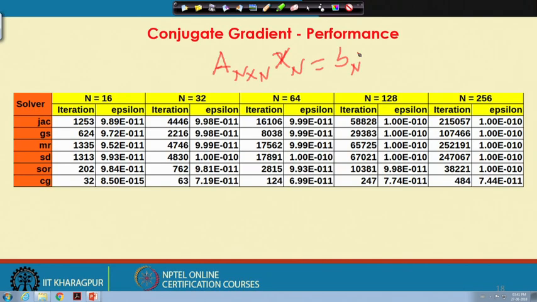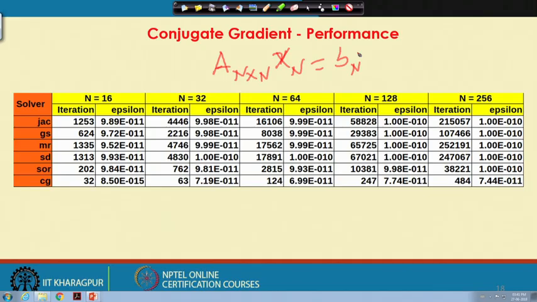Finally, we are solving 256 into 256 equations, and the convergence criterion is kept very small, 10 to the power minus 11. What we can see is that Jacobi takes 1253 iterations for this particular matrix.